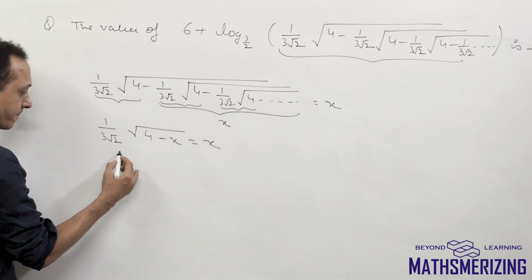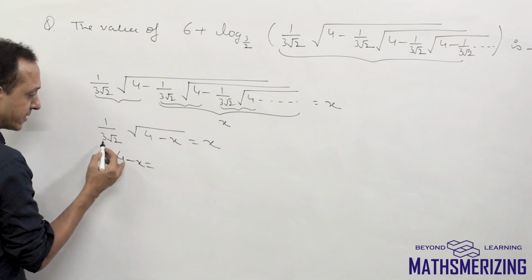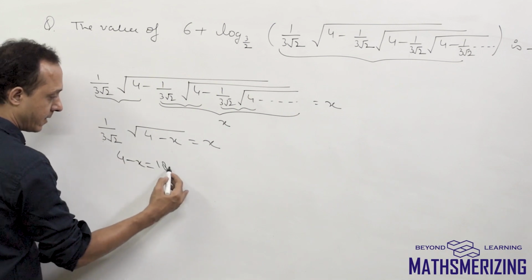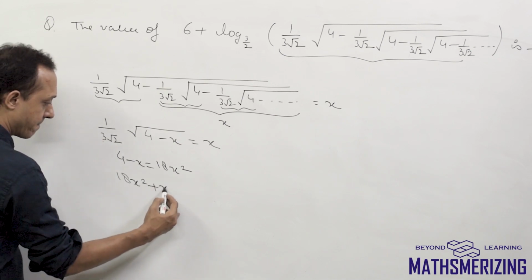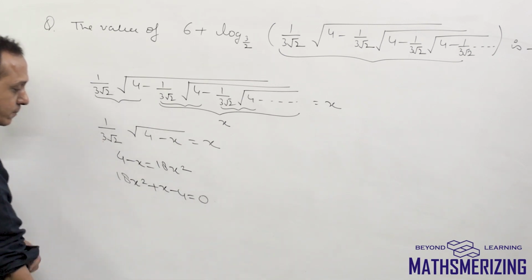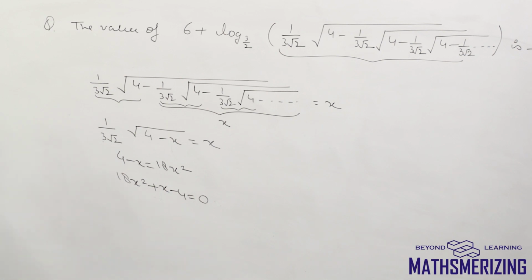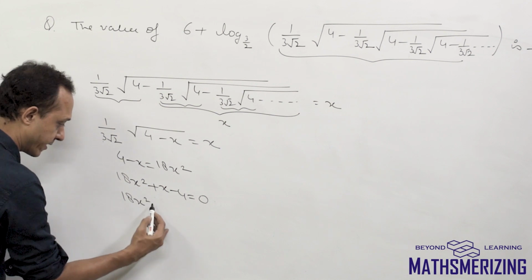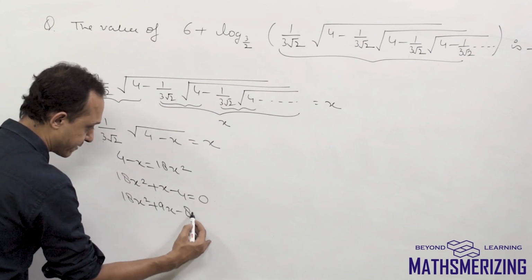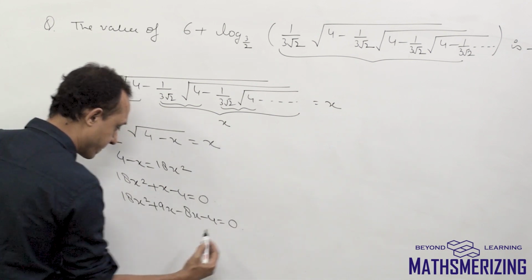If I square it, I'll get 4 minus x, and this is 9 into 2, 18, 18x square. So which is 18x square plus x minus 4 equals 0. So this is 18x square plus 9x minus 8x minus 4 equals 0.